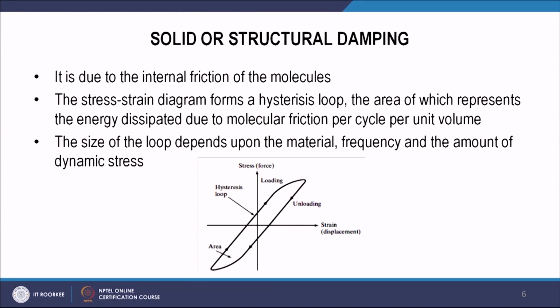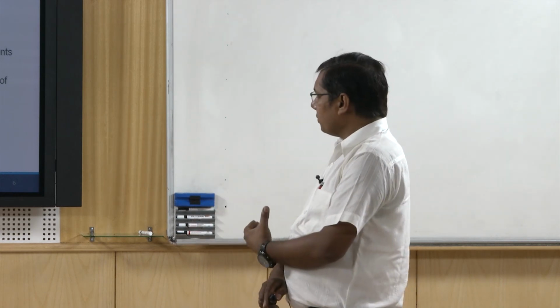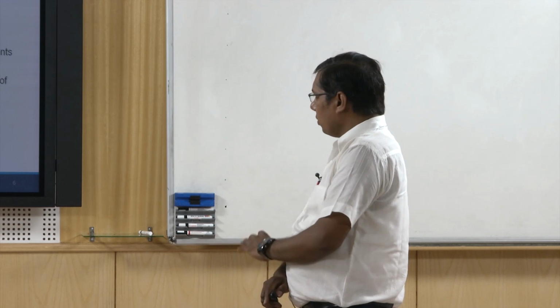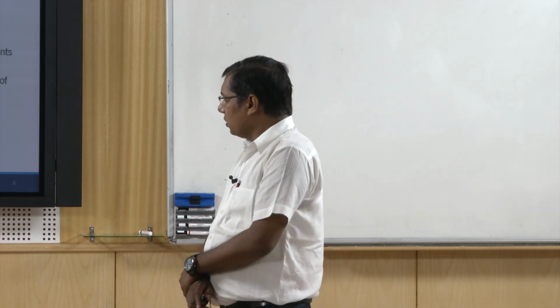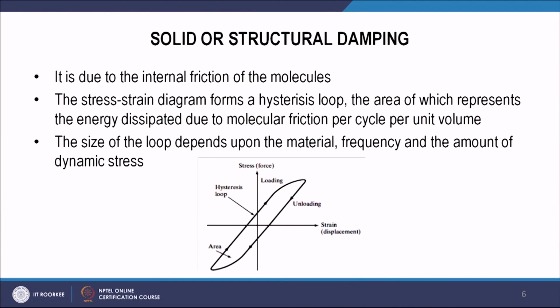The area of this loop shows the energy dissipated in one cycle. This energy is due to the friction in the molecules, so there is molecular deformation in the material. Therefore, this damping depends on the material, the frequency and the amount of dynamic stress.